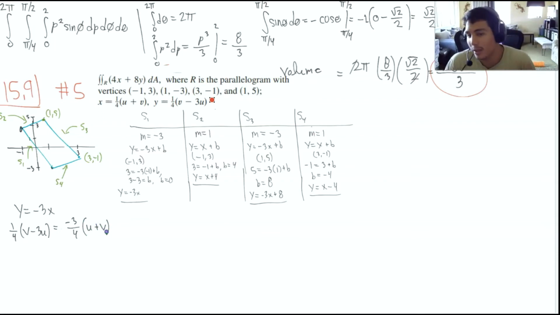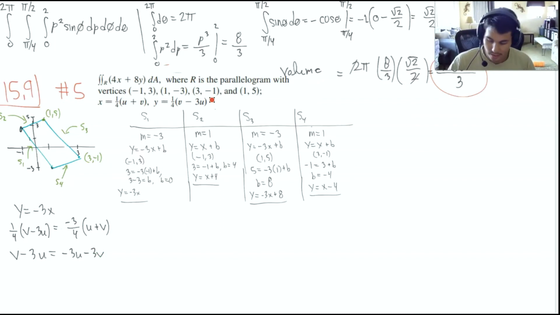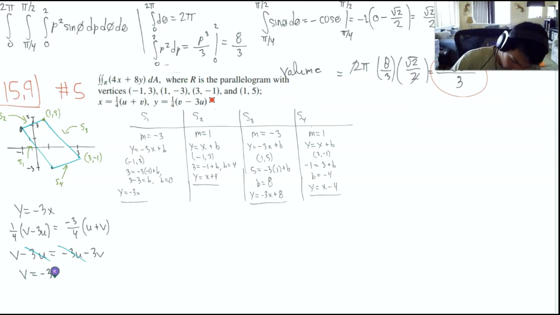And I just want to get rid of the fraction here, so I'm going to times everything by 4. So I get v minus 3u, which is equal to negative 3u minus 3v. And as you can see, we got a negative 3u on that side and a negative 3u on that side. They can go away. So v is equal to negative 3v.